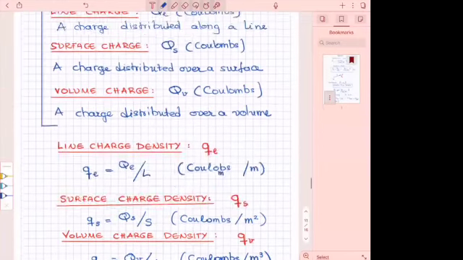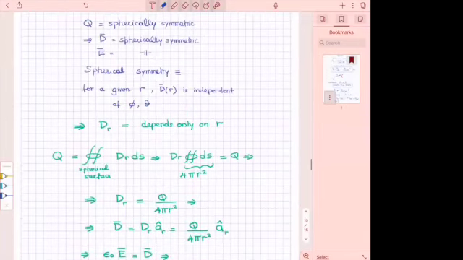What we saw today is the Divergence Theorem and Gauss's law, and we are going to apply them to solve a number of problems where we'll be looking for the electric field for different types of sources.